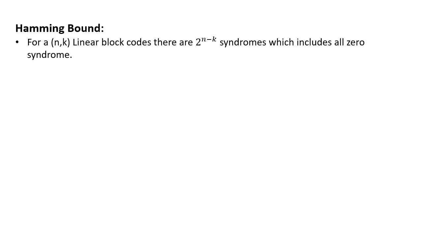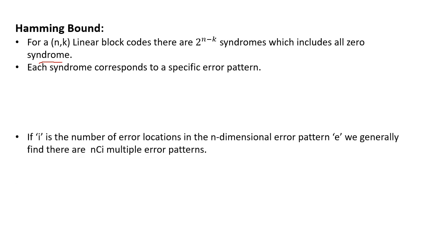Hamming bound: for an (n, k) linear block code, there are 2^(n-k) syndromes, which include all zeros as a syndrome. Each syndrome will correspond to a specific error pattern.